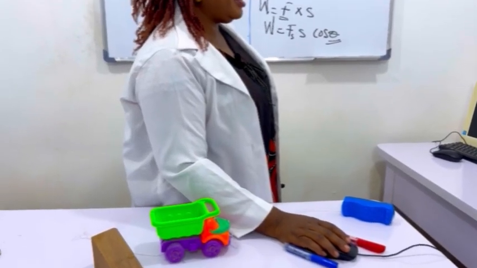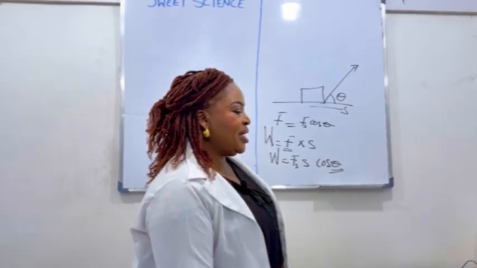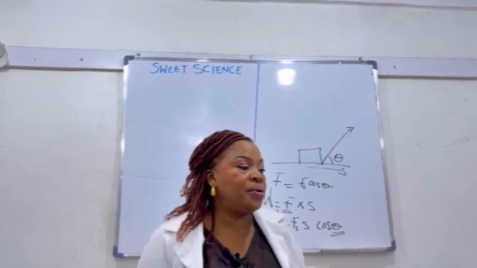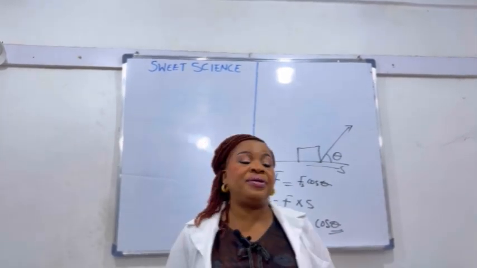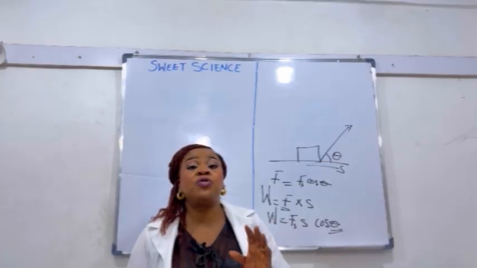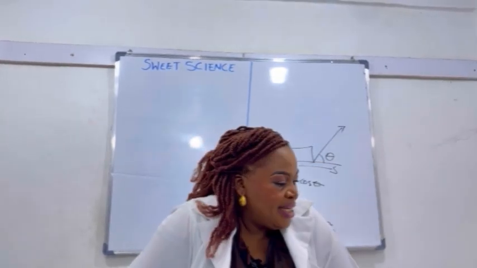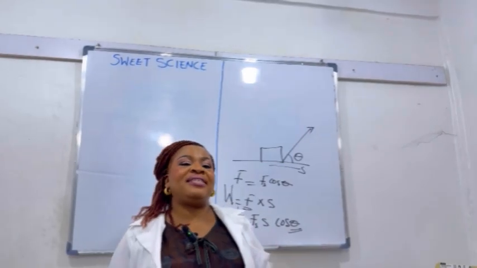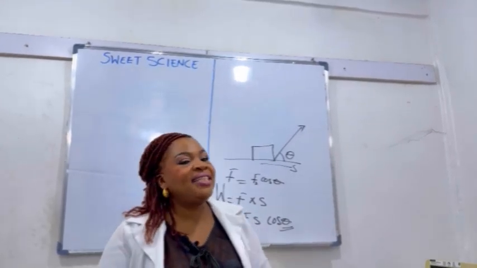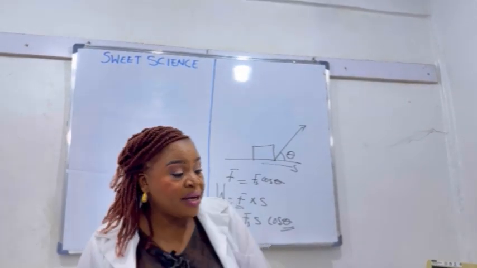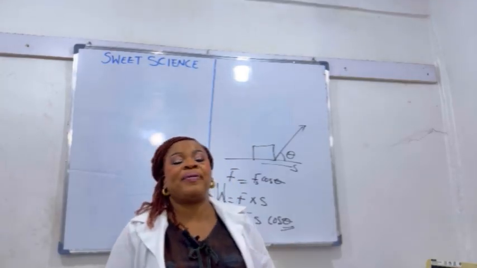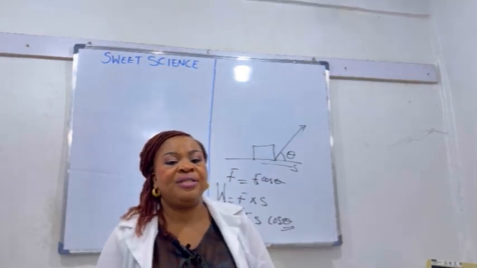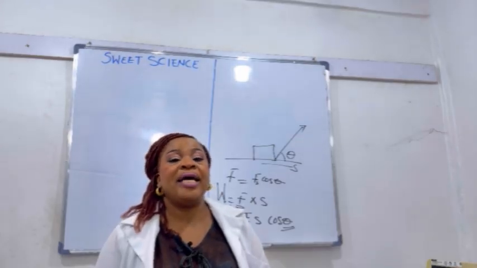Here we have the next question. It says a girl whose mass is 20 kilogram climbs up 25 steps, each of height 15 cm in 10 seconds. Calculate the power expended. We are asked to take G to be equal to 10 meter per second squared.